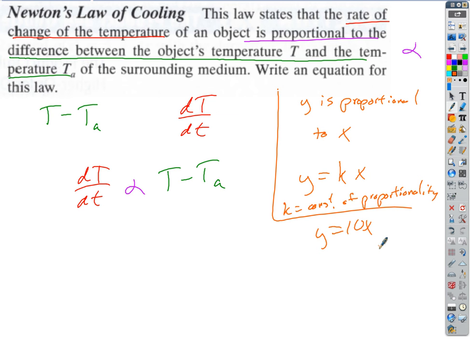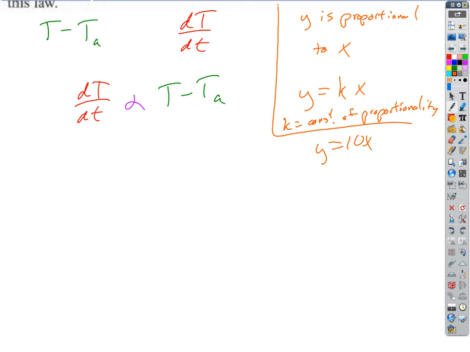Okay? So how am I going to apply that to this situation then? We're going to say dT/dt equals k times the quantity T minus T sub A, right?